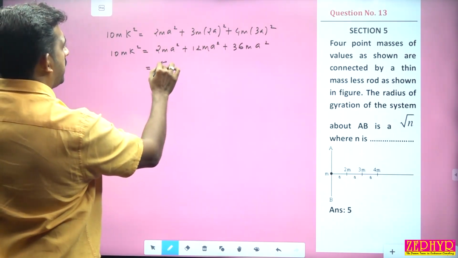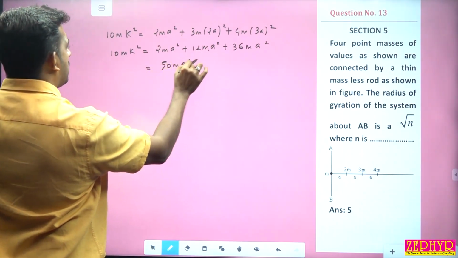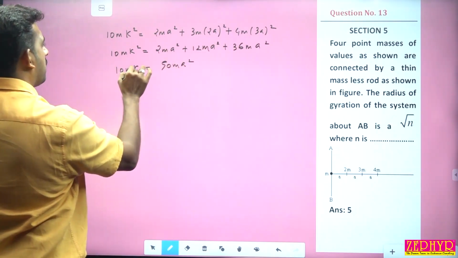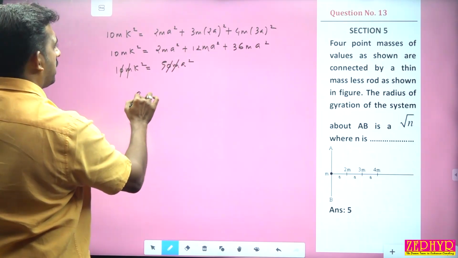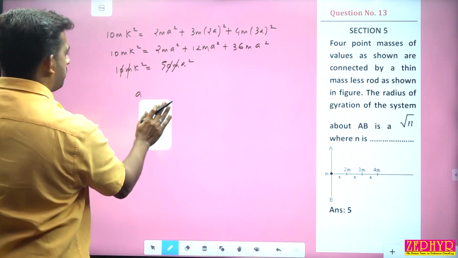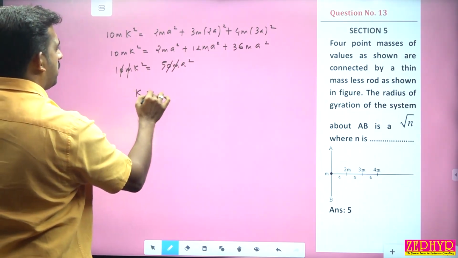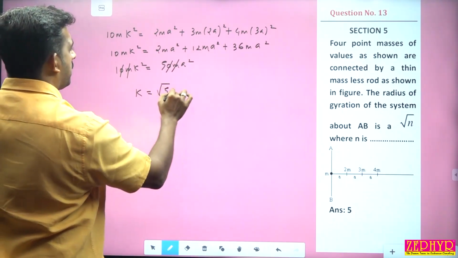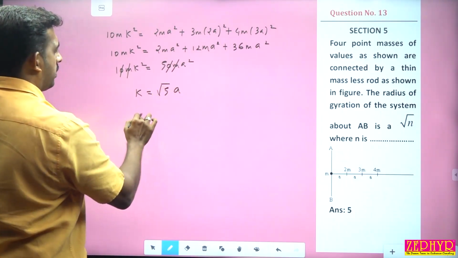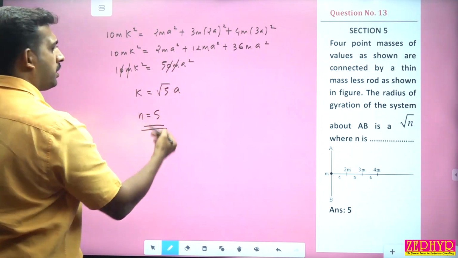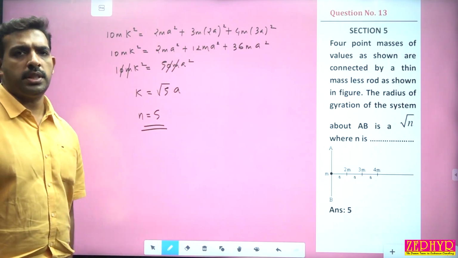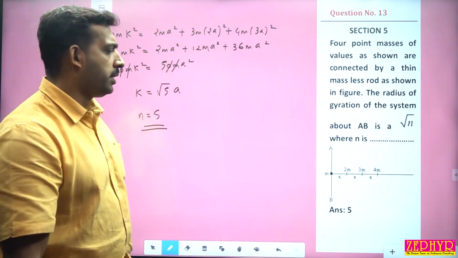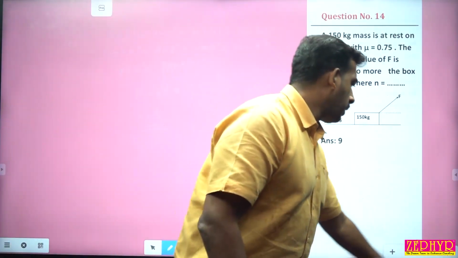That is 50ma square equal to 10mk square. m is getting cancelled, so you will be getting k square equal to 5a square, k equal to root 5 a. So n is equal to 5. The answer is 5. It's an integer-based question. Clear? Okay. Next one.